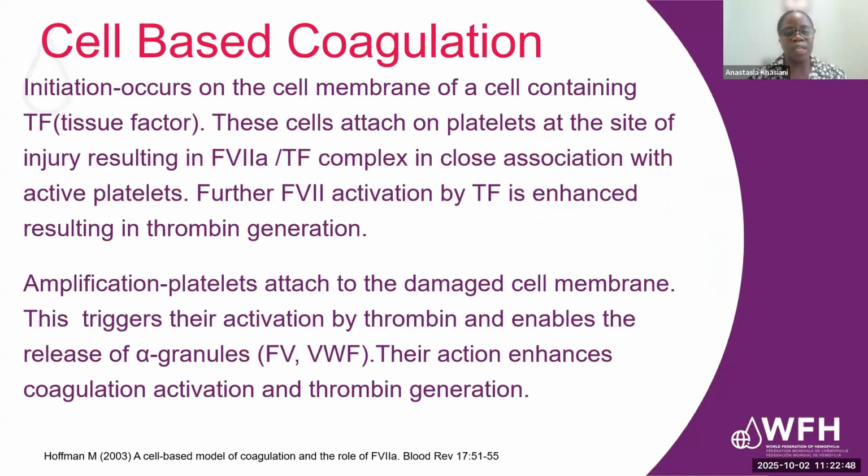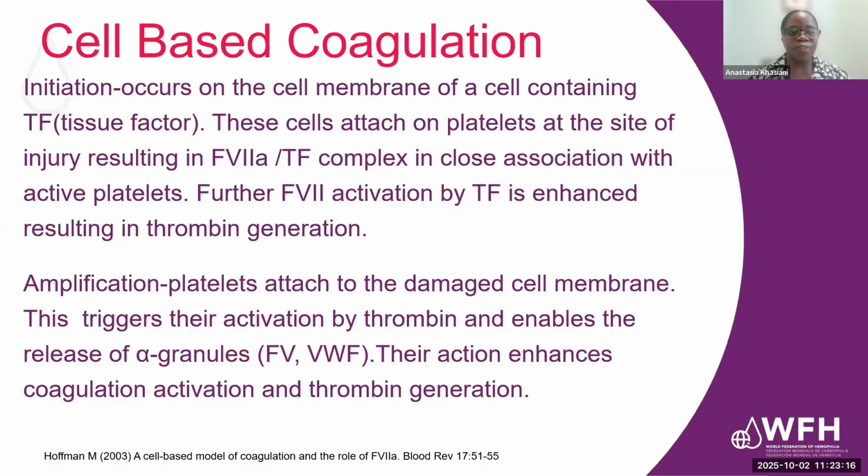So cell-based coagulation is the actual in vivo process that takes place during hemostasis. It occurs in three different phases that overlap each other. During initiation, there is the production of tissue factor from the injured cell membrane that activates factor 7 in circulation.